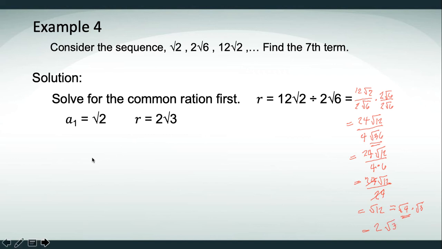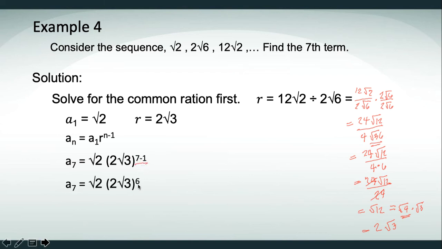Now let's substitute our given values to our formula. a sub n is a sub 7, a sub 1 is square root of 2, our r is 2 times the square root of 3, and n is 7. Let's solve first the exponent. 7 minus 1 is 6.